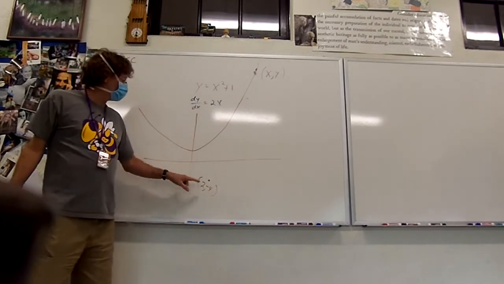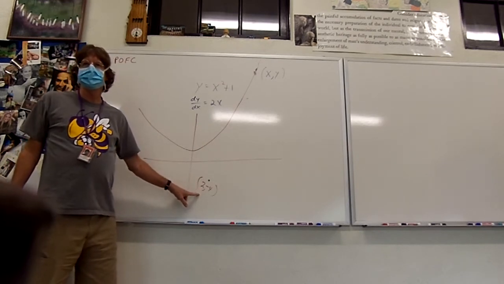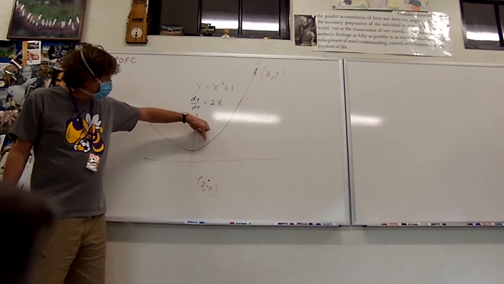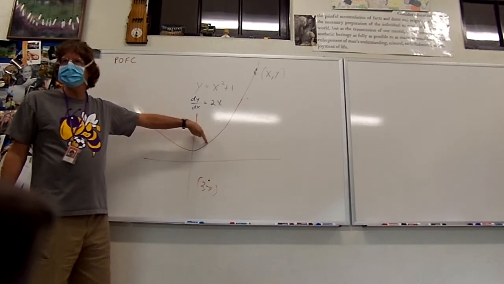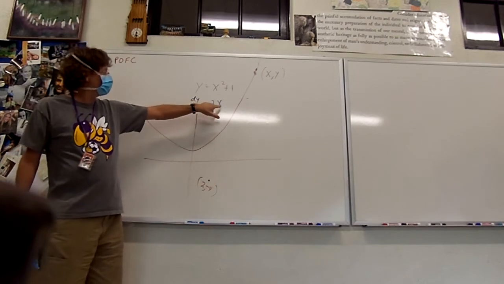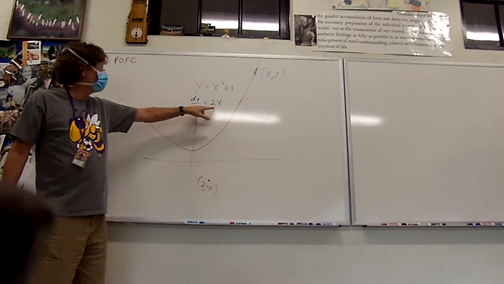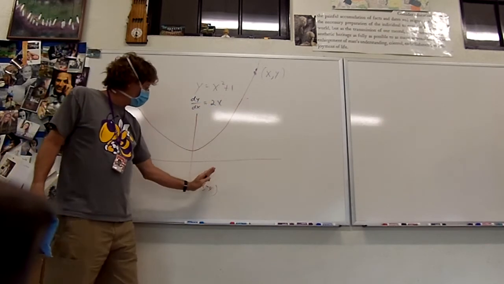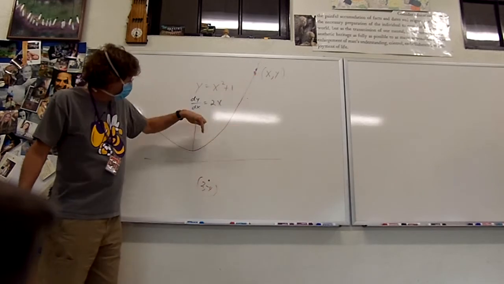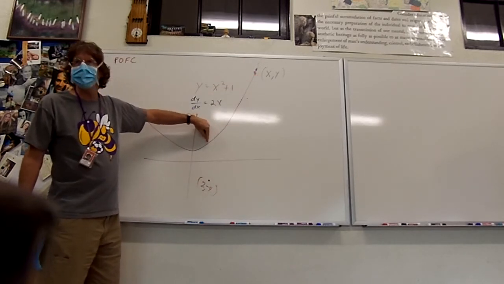If you put that 2 in there and you tell me the slope is 4, the slope is 4 at x equals 2 that's on the curve. See, this formula only works if these x values are on the curve. So if you put 2 in there and you find out the slope is 4, that's not the slope of the line that goes up here and touches there. That's the slope of the line that's at (2, 5) right here.